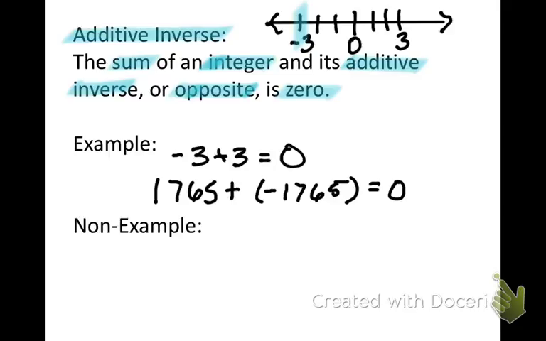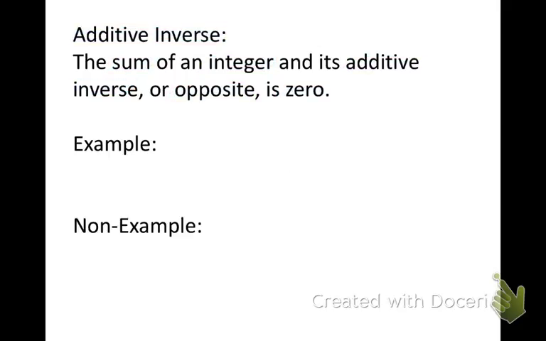If I had negative 2 plus 3, that would not give me 0. I would start at my negative 2 and move to the right 3. 1, 2, 3. That gets me to positive 1. Notice how I did not end up at 0 because these two numbers are not the same. So that's a non-example.